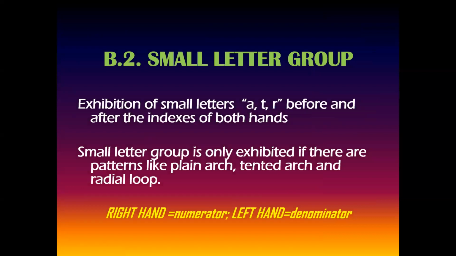In the small letter group, it is the exhibition of the small letters a, t, and r, representing plain arc, tented arc, and radial loop. Now, the reason why the ATR group is used for the small letter group of the secondary classification is precisely because these are the patterns that rarely appear in the fingerprint card.